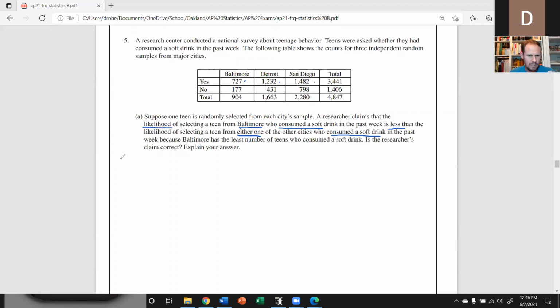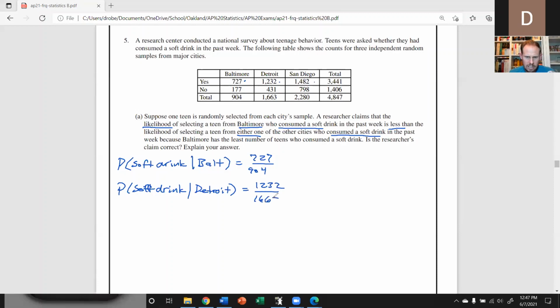Well, that's probability. From Baltimore, the probability that we get someone that consumed a soft drink, given that they're from Baltimore, is 727 out of 904. We want to compare that to the other 2 cities. The probability that they had a soft drink, given that they're from Detroit, would be 1,232 out of 1,663.